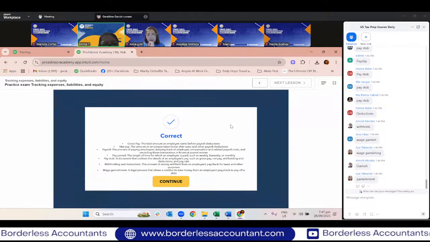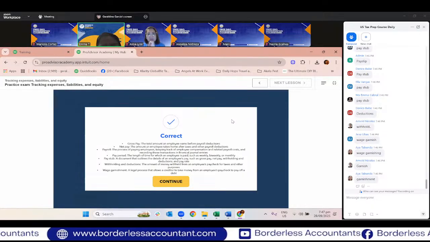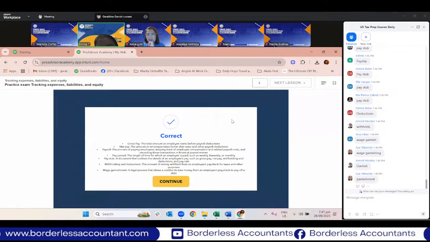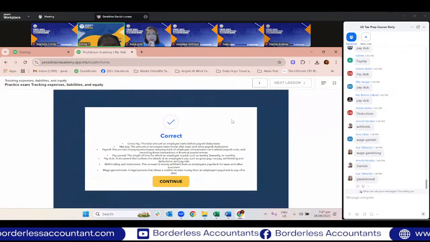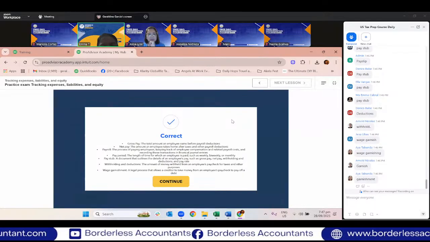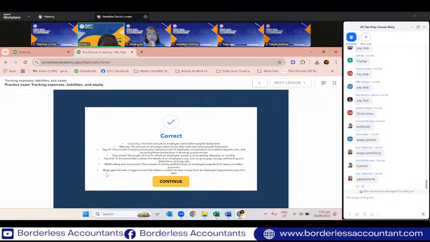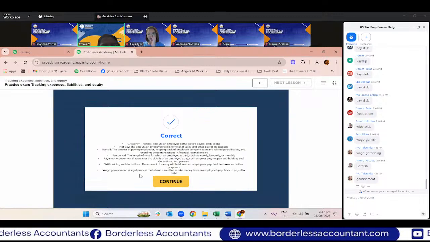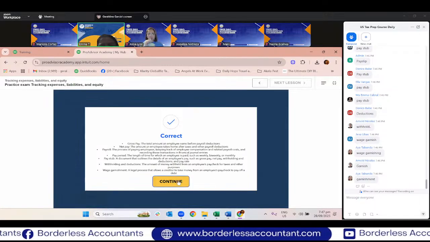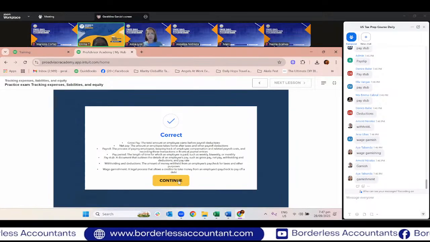Pay stub, a document that outlines the details of an employee's pay, such as gross pay, net pay, withholding and deductions, and pay rate. Withholding and deductions, the amount of money withheld from an employee's paycheck for taxes and other purposes. Wage garnishment, a legal process that allows a creditor to take money from an employee's paycheck to pay off the debt. Let's continue.